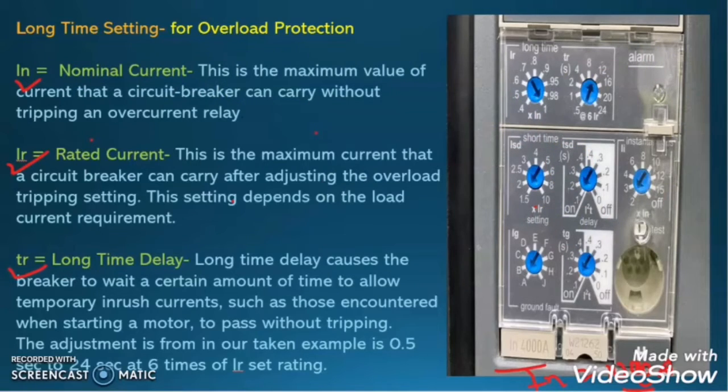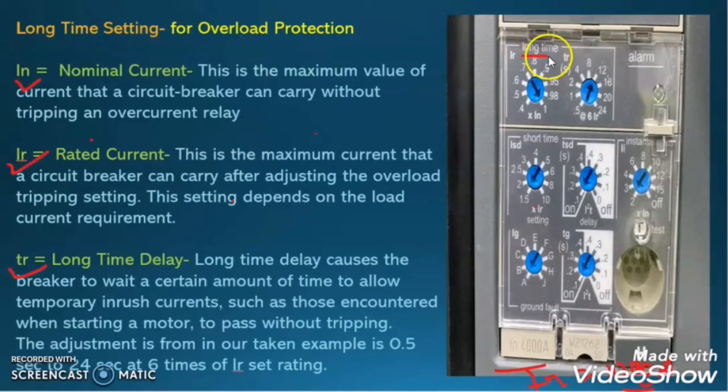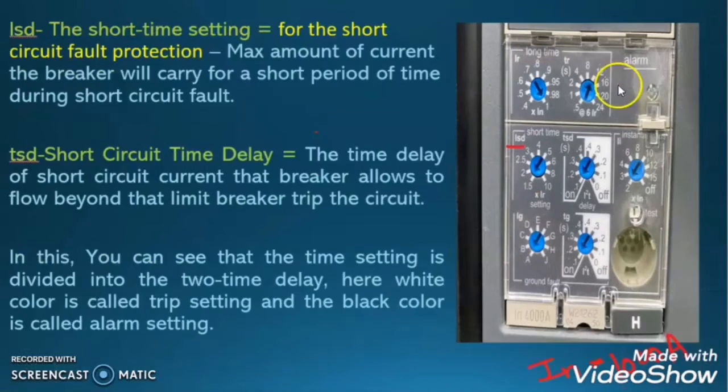Now let us move forward to the other setting, which is the short time setting, ISD. The previous one is the long time setting, which, as I told you, is for overload protection. The next topic is the short time setting, which is for short circuit protection.